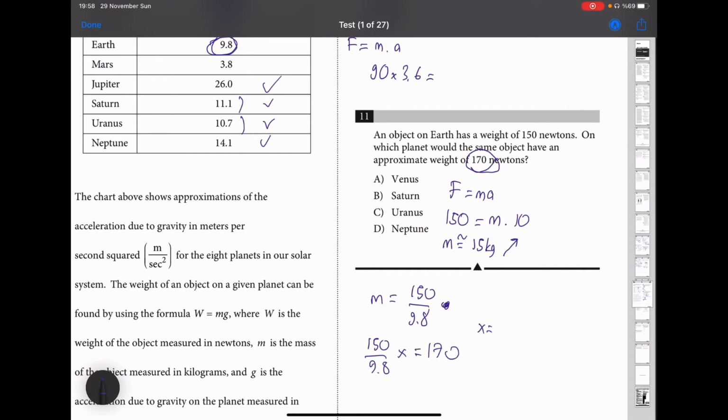So x will be 9.8 times 170 divided by this number. I'm using my calculator. 9.8 times 170 divided by 150. The exact answer is 11.1. So this is the exact acceleration on Saturn.